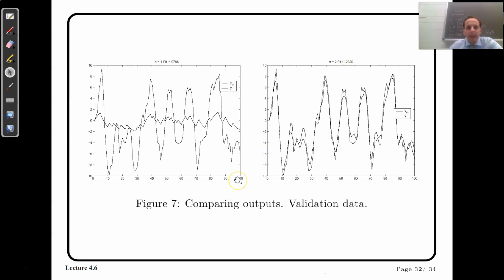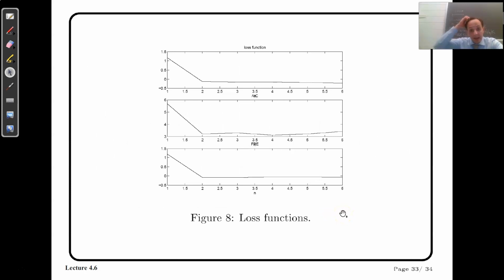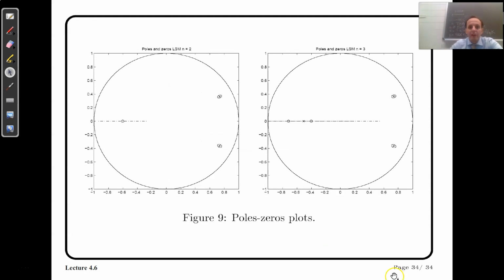And then the same, considering again the simulation for a model order on a different set of data, in particular the validation data, you can see that looking at the loss function, again the right order is really 2 for this case.